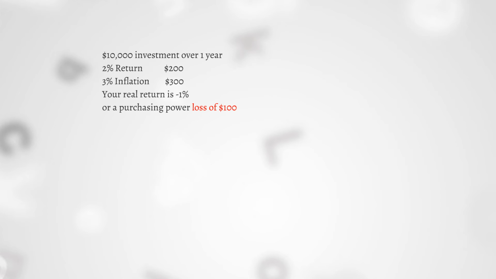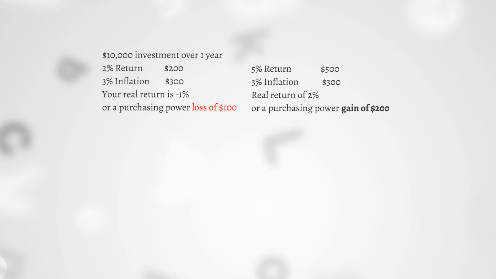You can't buy the same amount of things at the end of the year that you could at the start of the year. Now, if we want a real 2% return, we're going to have to incorporate inflation into our required rate of return to get a $500 amount. This results in a real return of 2% and a purchasing power gain of $200, which we were targeting.